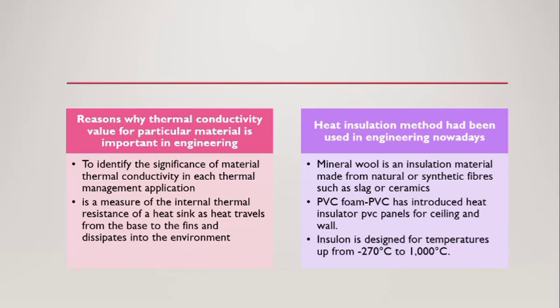Heat insulation methods are used in engineering nowadays. The main three usages are mineral wool, PVC foam and pipe insulation. Mineral wool is an insulation material made from natural or synthetic fibers such as slag and ceramics. PVC has been introduced as heat insulator panels for ceilings and walls. Insulation is used for piping systems.